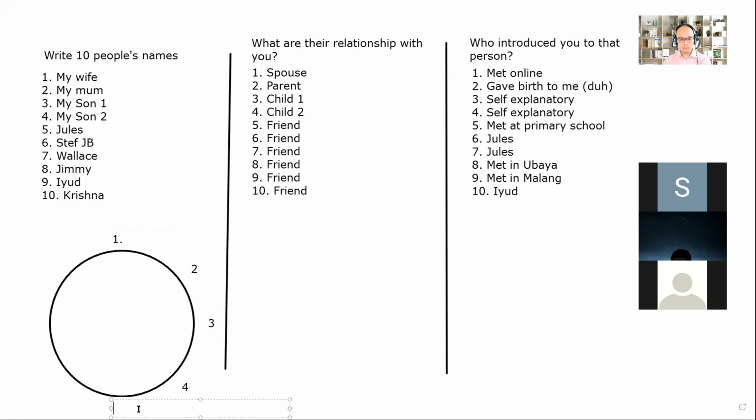4 and 5, 6, 7. Now, if any of these people happen to know each other, connect those names, draw a line that connects their names.